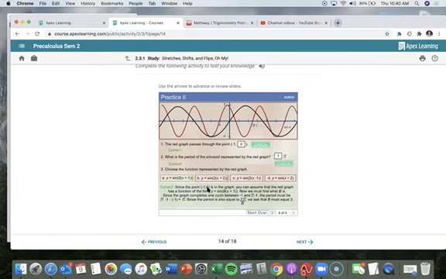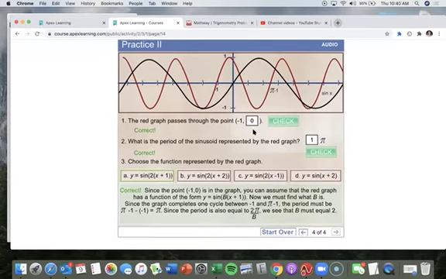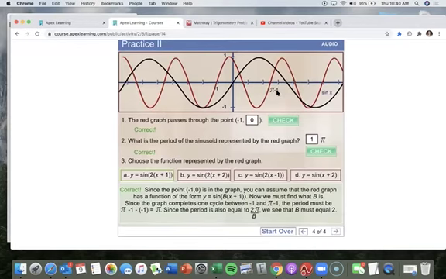All right, so if we know that the graph of the cycle is between, this is why I don't like the way that they did this, but this point apparently is pi minus 1.